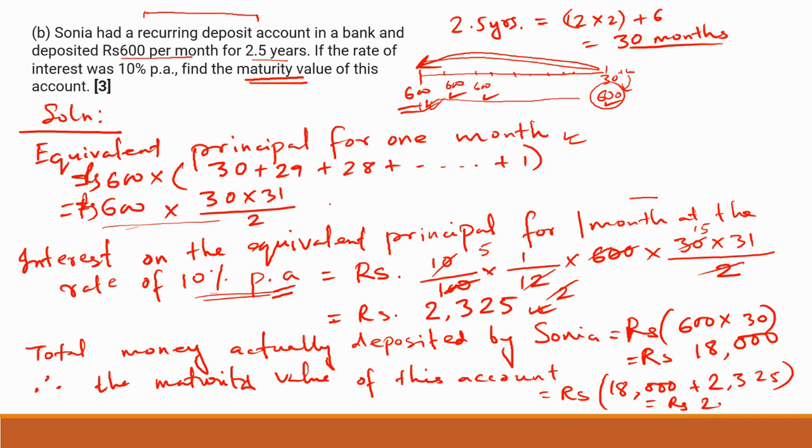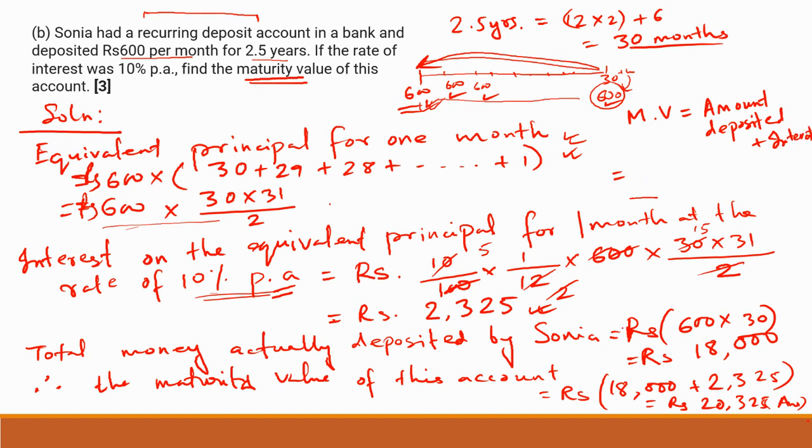So this is rupees 20,325. Okay. So I guess this is a good problem actually, but this is generally a formula also. In many cases it is done as a formula. So you can also write maturity value is equal to amount deposited plus interest. You can simply write like this also.